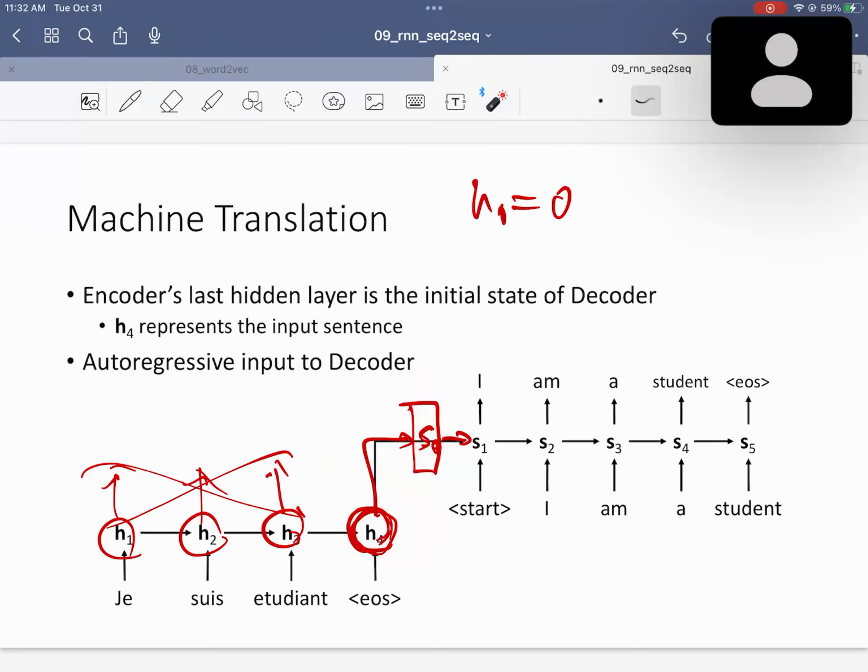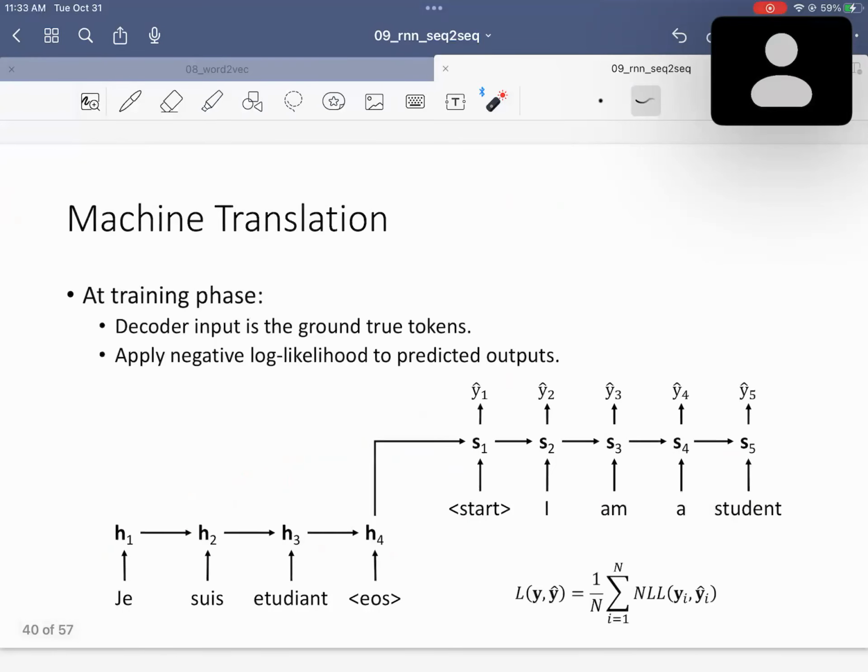And you can see that when training, the input to the decoder is "start I am a student," and the output of the decoder is "I am a student, end of sentence." So this is just like language modeling, right? You need to predict the next word so that you can generate sentences during inference in the test phase. At the training phase, you apply negative log likelihood to the predicted output.